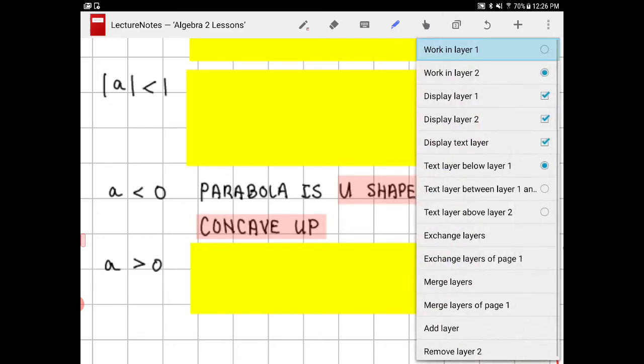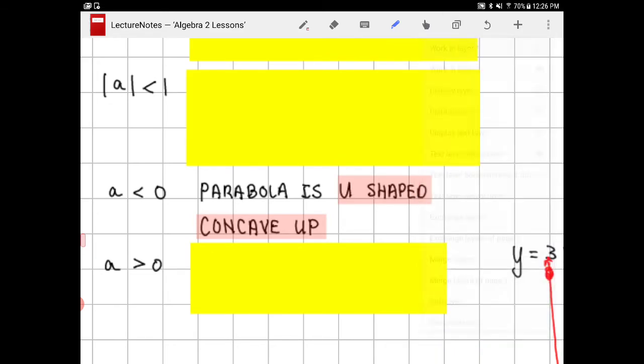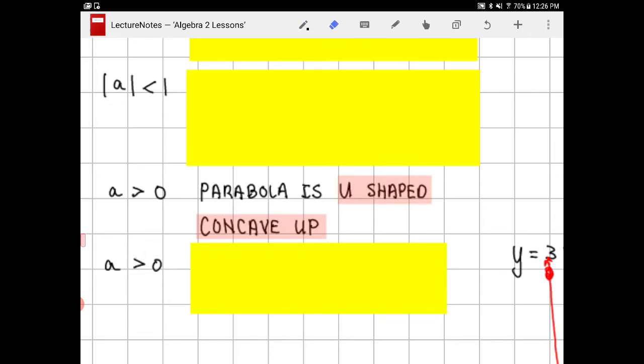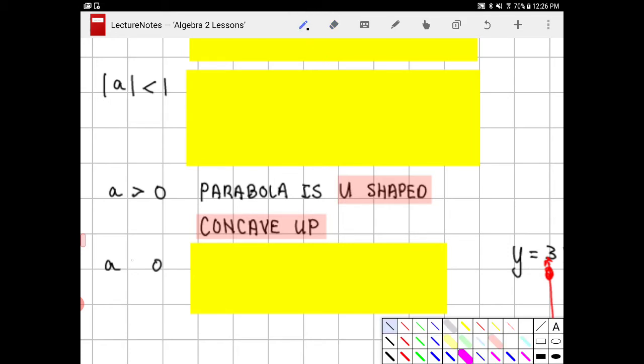I made a mistake. I got this backwards. So it should say this. If a is greater than 0, then the parabola is U-shaped, and we call this concave up.